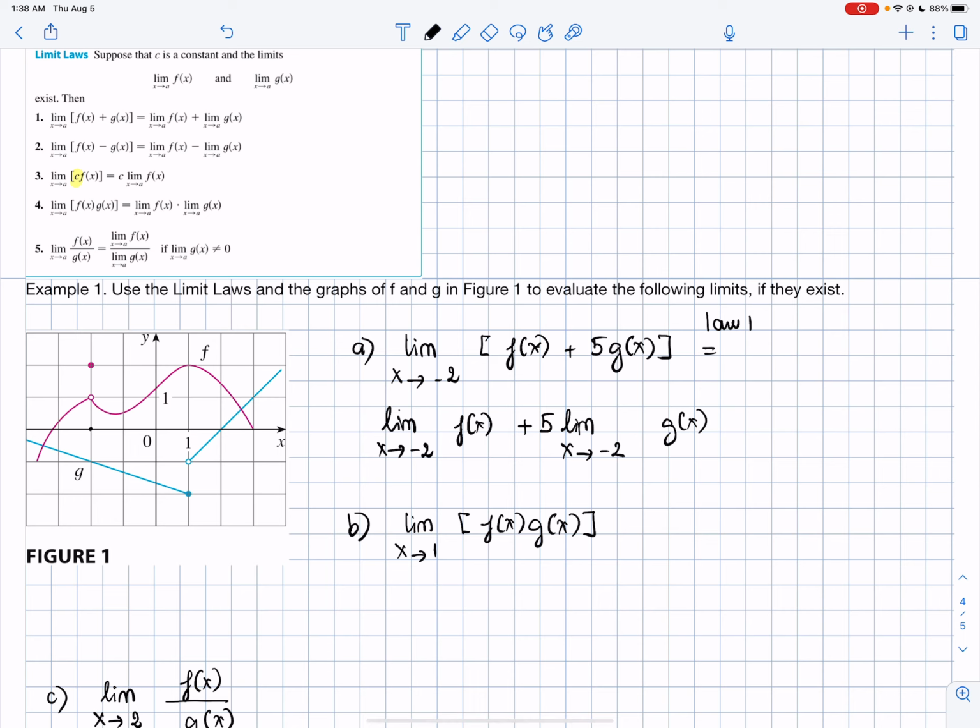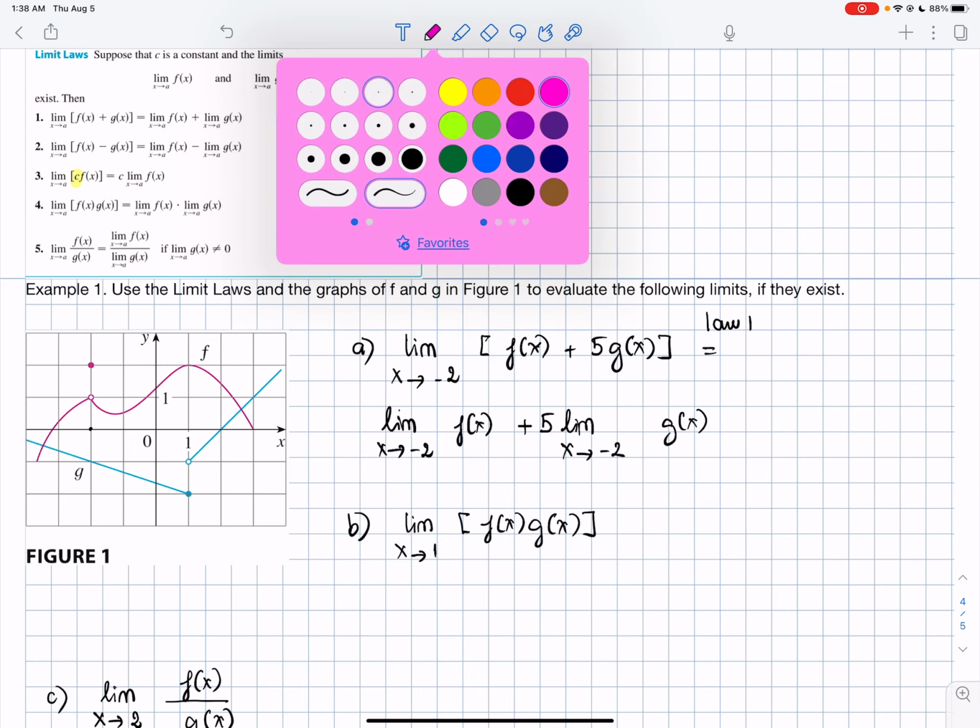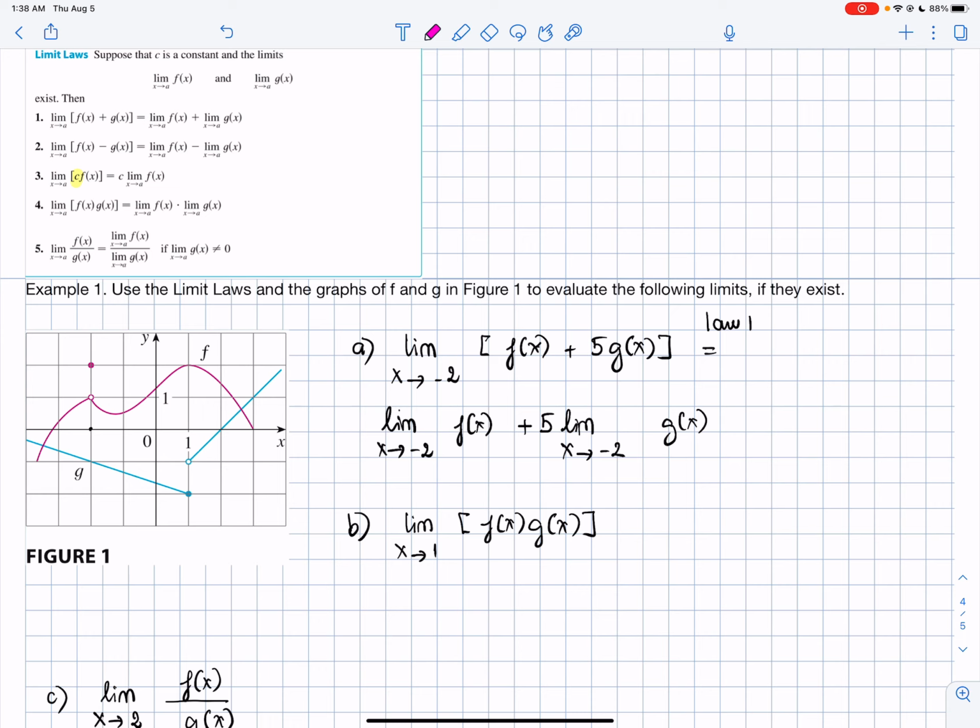So negative 2 is right here. When we approach from the left side and approach from the right side of the function f, we got the answer is 1 for both. So the function f, we got 1.